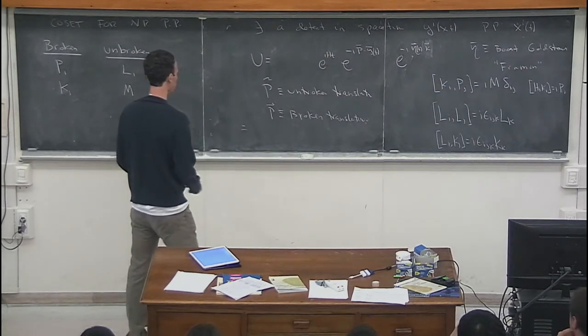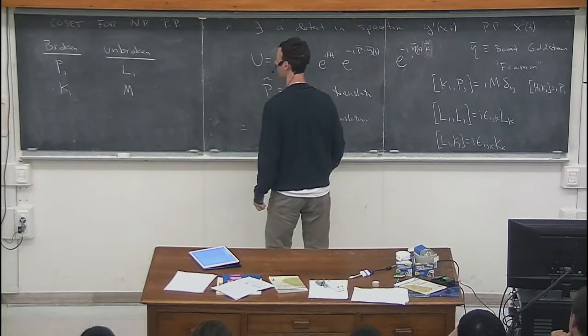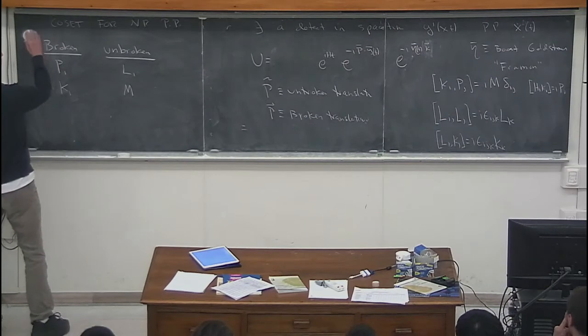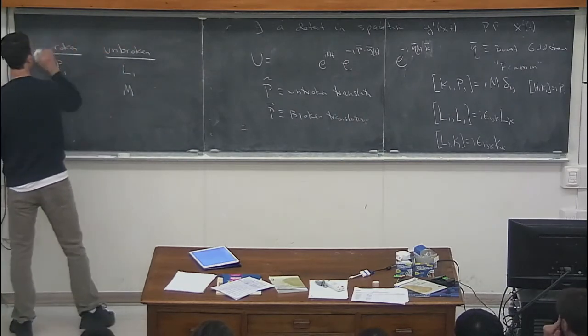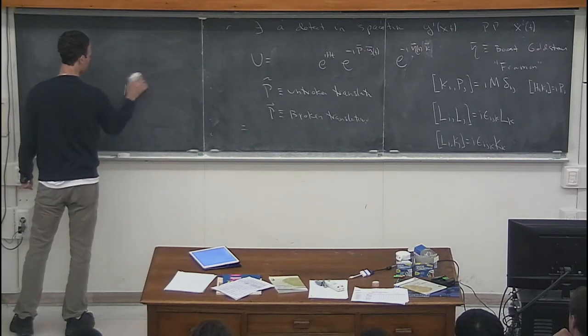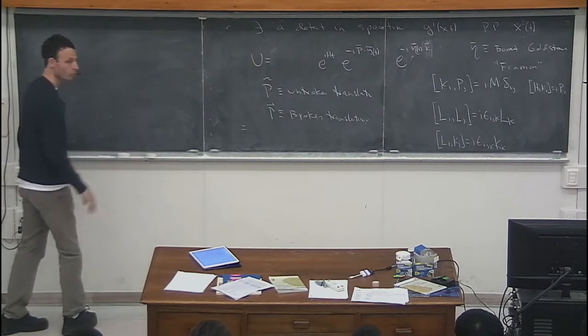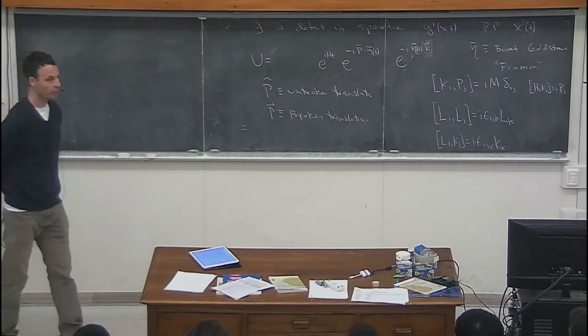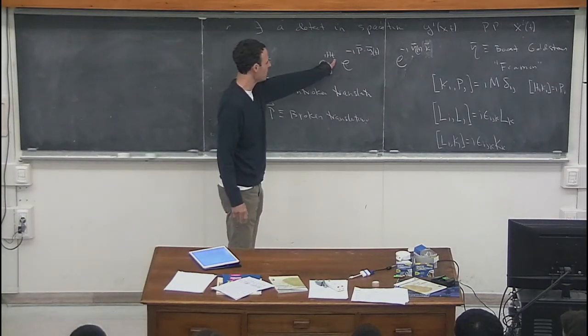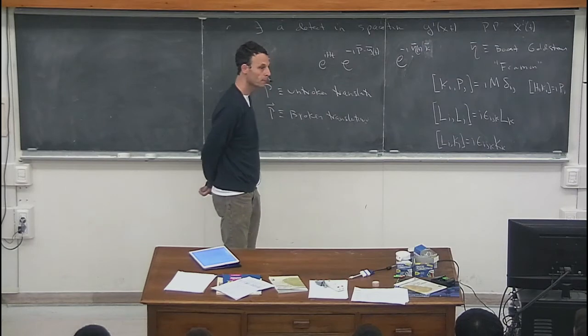Okay, so now we do what we did before. We calculate the Maurer-Cartan form. When you say that translations are broken, do you mean also time translations? Time translations are not broken, right? So that's why there's still an explicit t here.